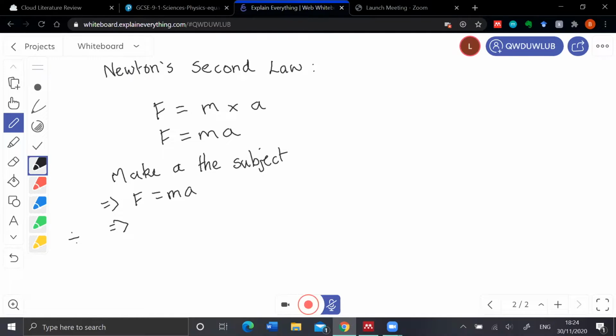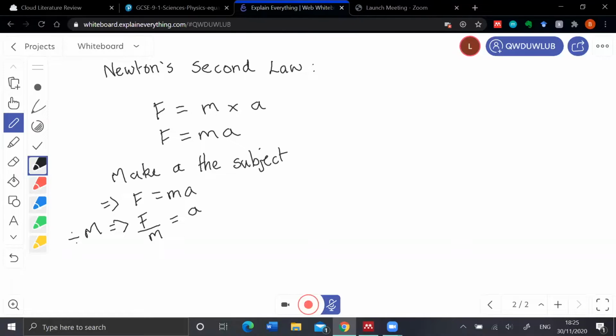It seems a bit crazy first of all, but as long as you do it to one side, you can do it to the other. So you divide both sides by m, you get F over m equals, and because m is multiplied by a, you'll get a on its own because you divided by m.